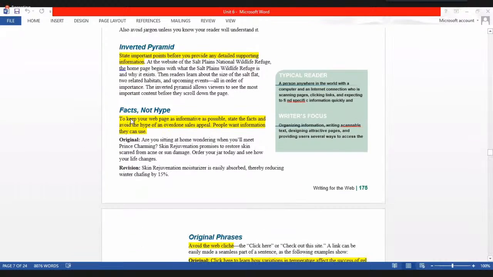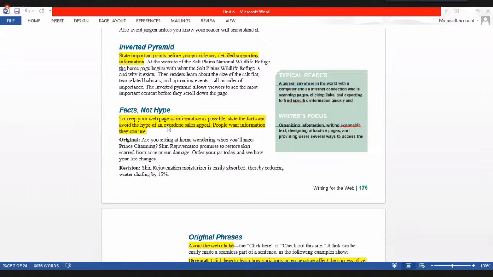Then here, facts, not hype. To keep your web page as informative as possible, state the facts and avoid the hype of an overdone sales appeal. People want information they can use. So here what you have to do is just present the facts.